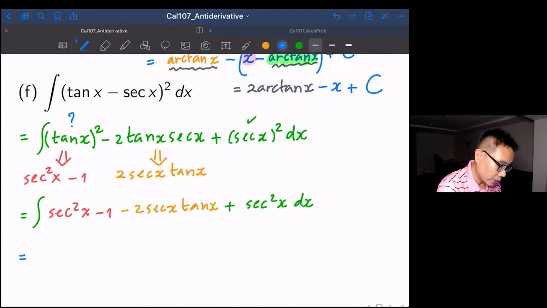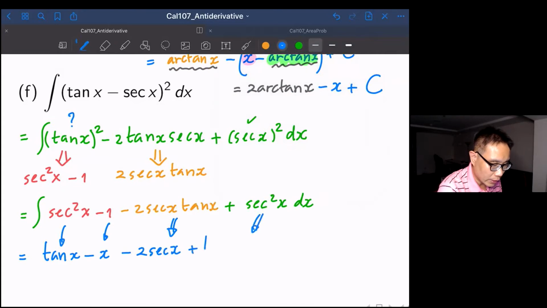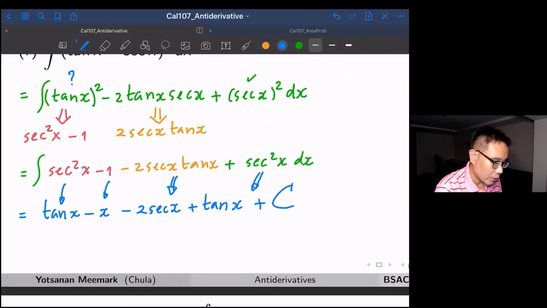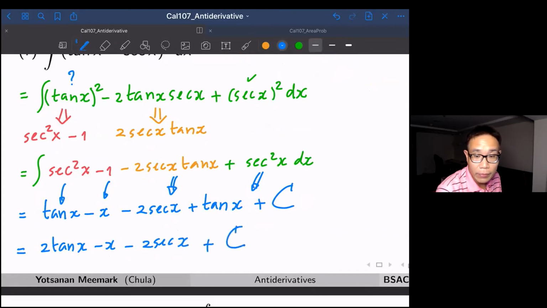So you integrate sec squared, you get tan x. You integrate 1, you get x. You integrate sec x tan x is going to be sec x. And you integrate sec squared, you get tan x. Okay, so you get 2 tan x minus x minus 2 secant x plus c, okay, for your final answer.